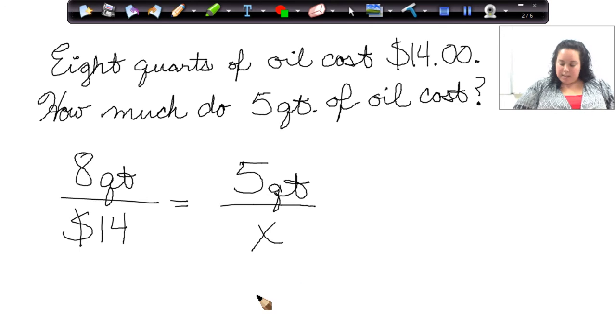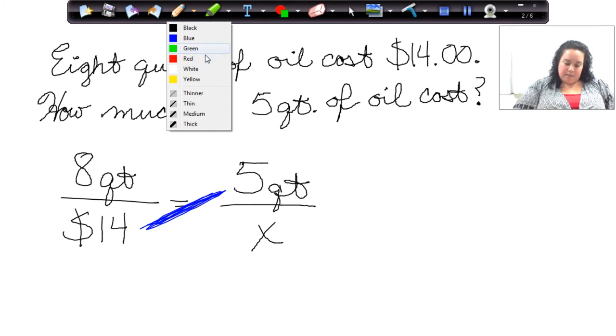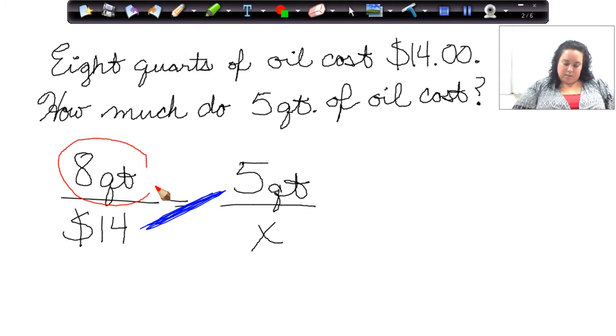If we had it upside down, we would still be okay, just so long as the quarts are in the same place as the money, and the money's in the same place as well. This is together, 8 quarts cost 14. They have to be in the same fraction, and 5 quarts cost how much? That has to be in the same fraction. So if we remember, we can multiply the numbers that are across from each other and divide by the number that is across from the variable.